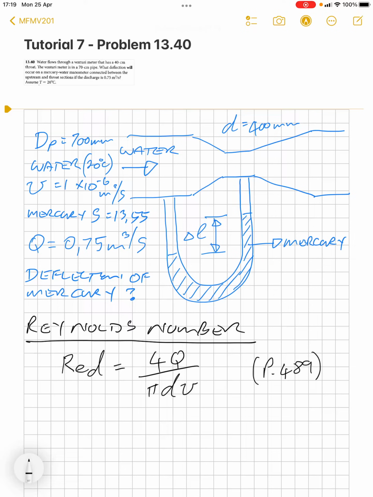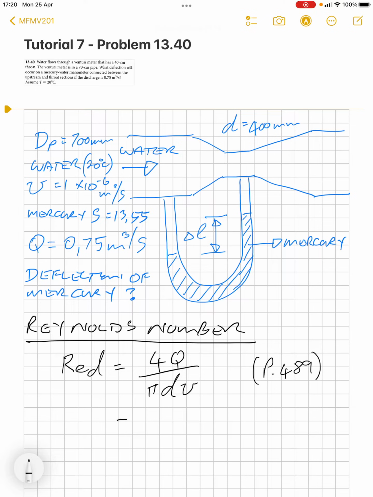All right, so we start off with the Reynolds number. To calculate the Reynolds number, we use the formula that you find on page 49. The Reynolds number in this application is 4Q, Q being the discharge, over pi d mu.